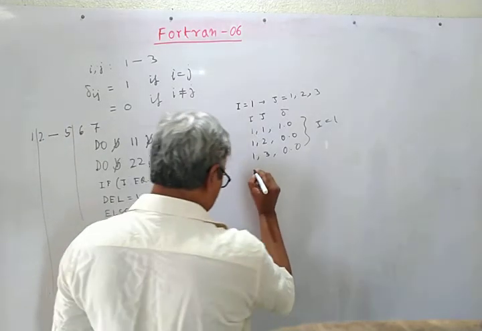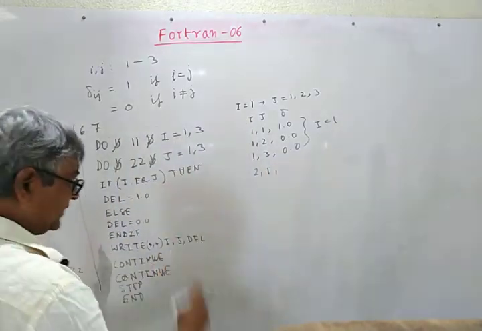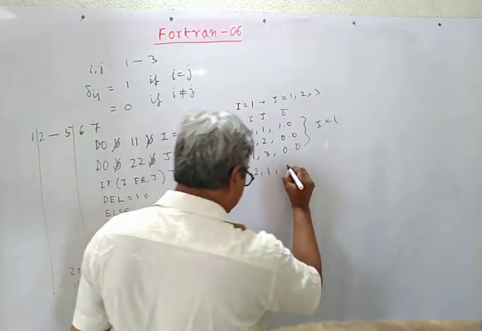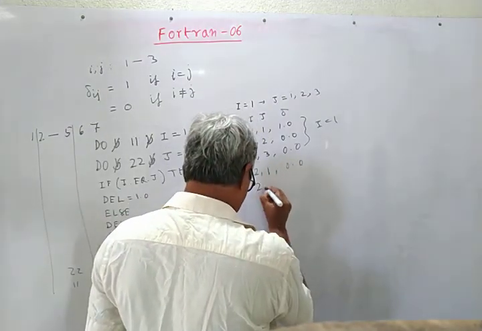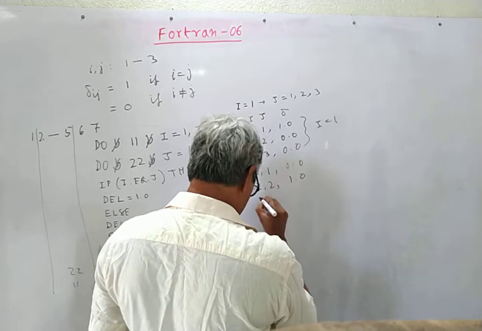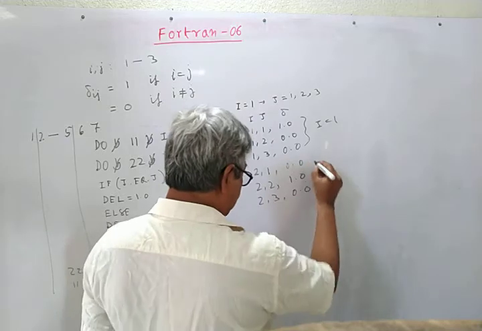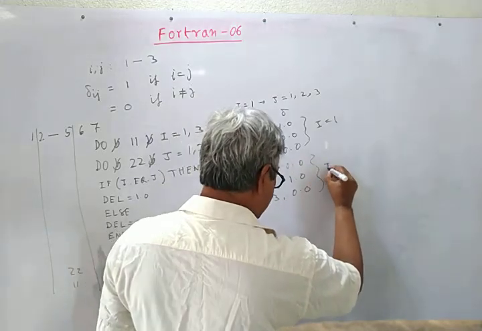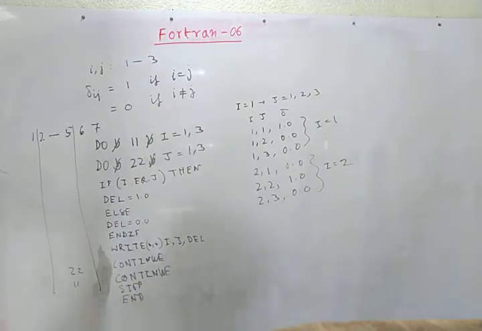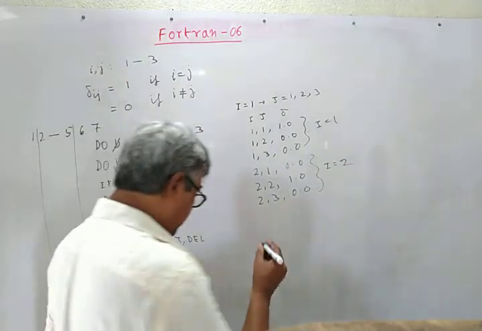Then it starts with the second value of i, that is i is equal to 2, and again j runs from 1 to 3. So this is 0.0, then 1.0, then 0.0. Lastly, this is i is equal to 2. The external loop is for i is equal to 2. And then it comes to the third value of i.